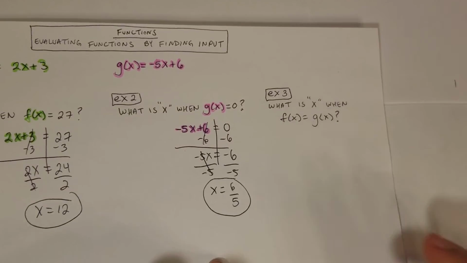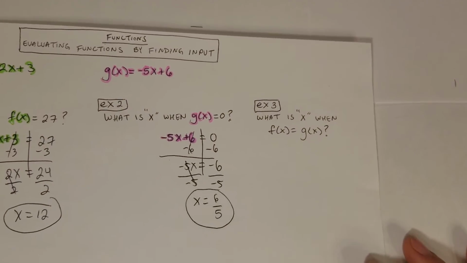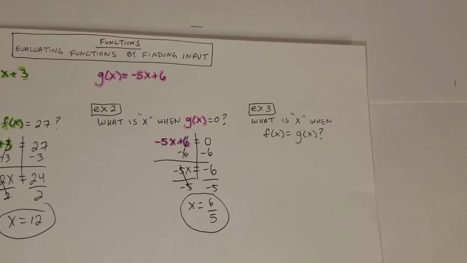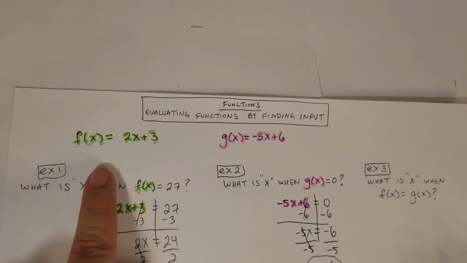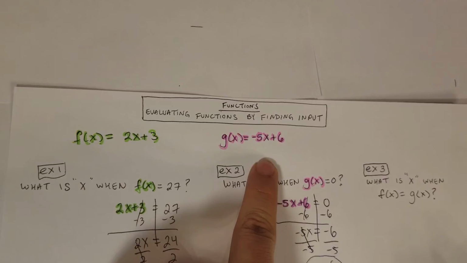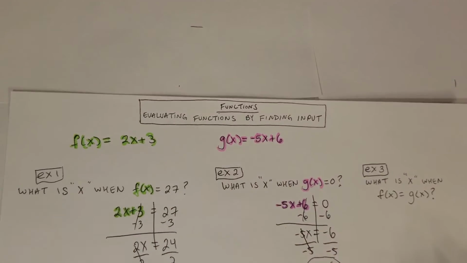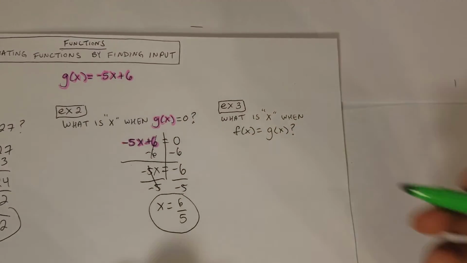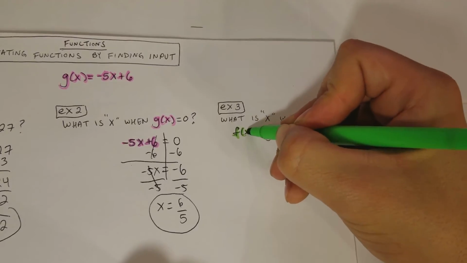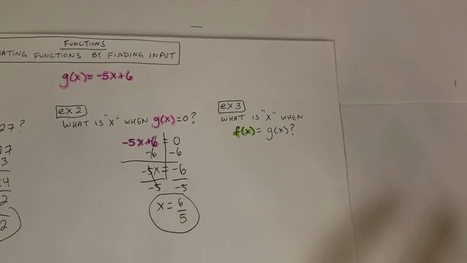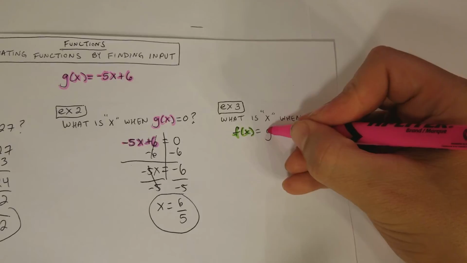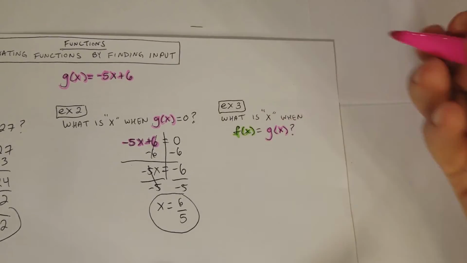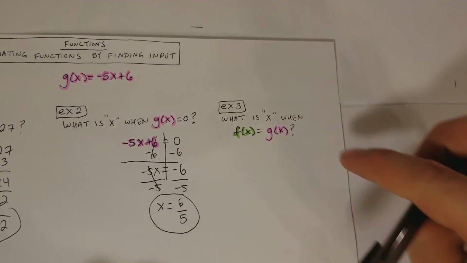Last example. Example number 3 says, what is the value of x when f of x equals g of x? So we have f of x, we have g of x. This is telling me to set them equal to each other. Since we have f of x from the original problem and we have g of x from the next function, set them equal to each other, see what you get for x.